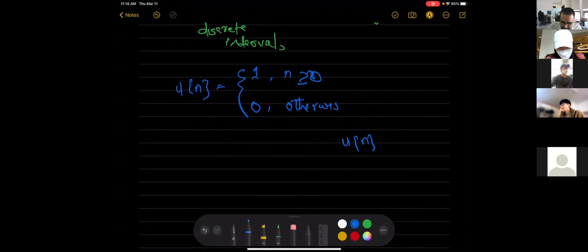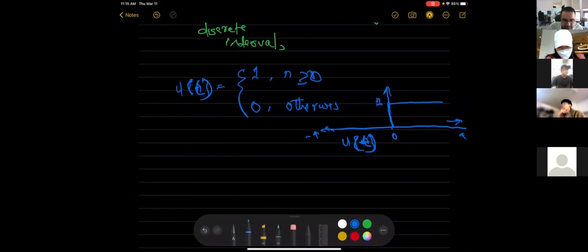Let me write it in continuous form so that you can better understand. If I have this axis, for example, this is my t value, which is increasing, and this is my negative t value. For any t after 0, the value is 1.